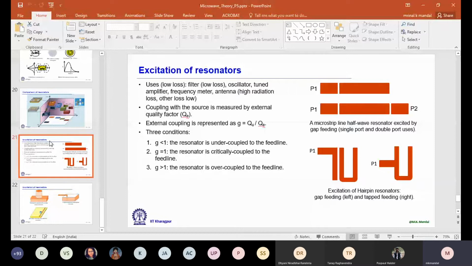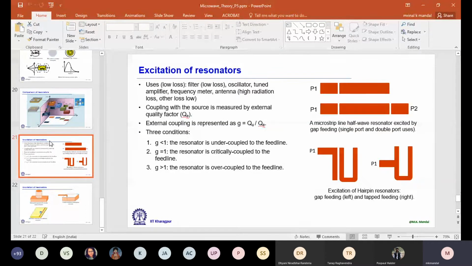The resonator has its own characteristics, field distribution. So this feed line should have some field components in the same direction. Otherwise, if they become perpendicular to each other, we call them orthogonal modes, and then it won't be excited.